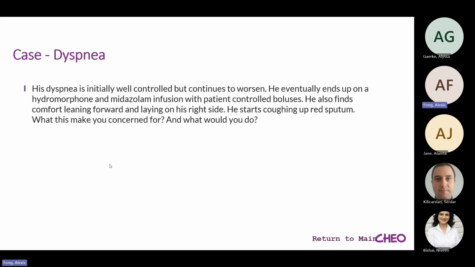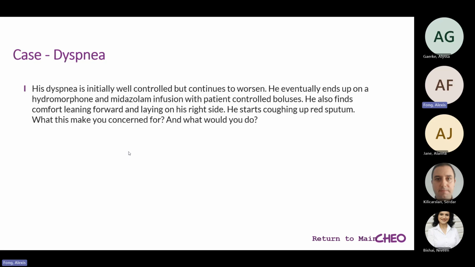So his dyspnea is initially well controlled and continues to worsen. He eventually ends up on a hydromorphone and midazolam infusion with patient-controlled boluses. He also finds comfort leaning forward and lying on his right side. I put this in as a reminder: when you have a patient who is dyspneic, look at their imaging and figure out what is happening. Is there compression of a specific area of their lung?